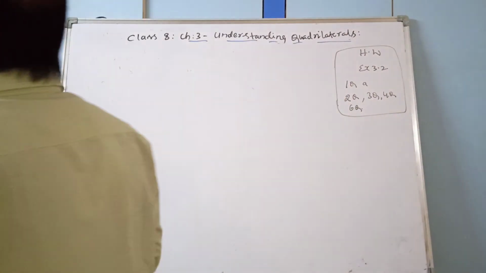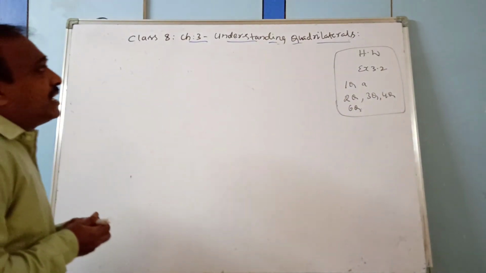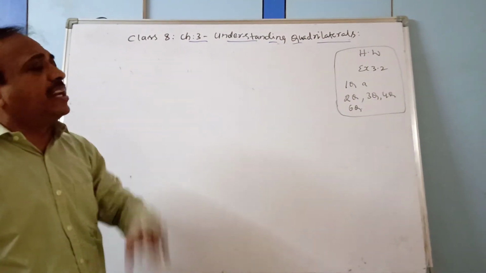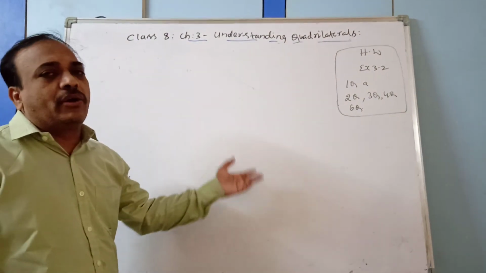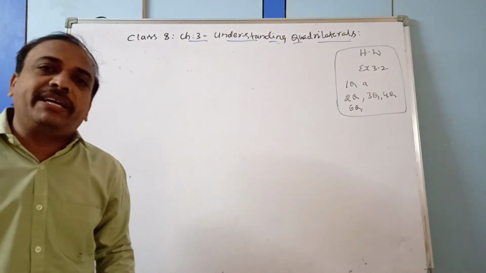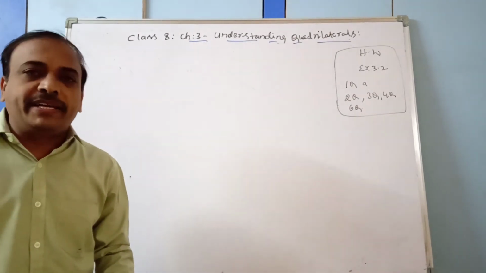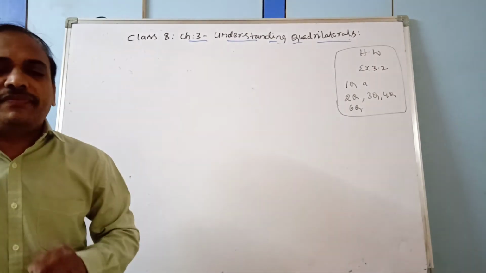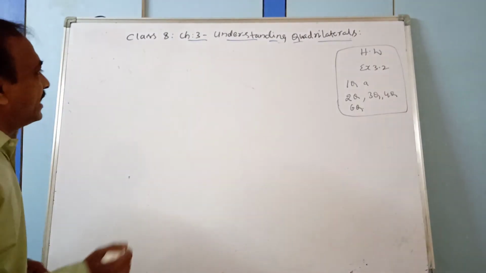That is, understanding quadrilaterals. Till now we did pentagon, hexagon, and other polygons. Quadrilateral means how many sides? A four-sided figure is called a quadrilateral.